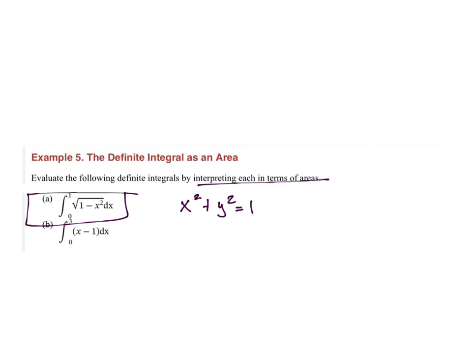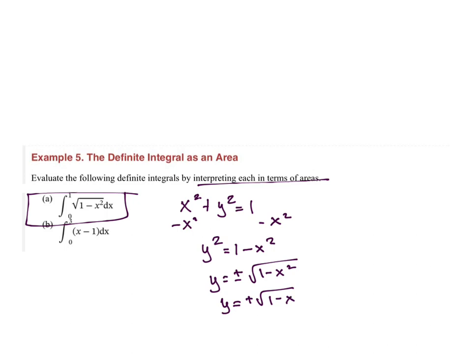And I solve this equation in terms of y, I'm going to swing that x squared. y squared is 1 minus x squared. y is plus or minus the square root of 1 minus x squared.